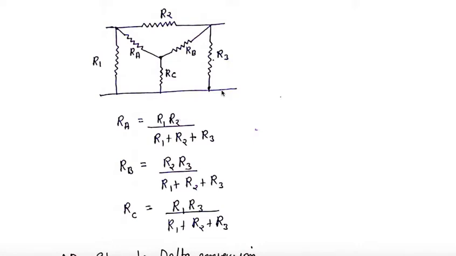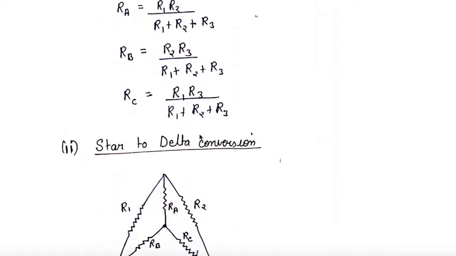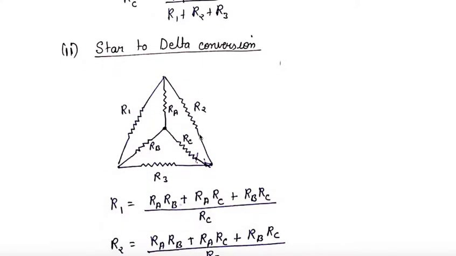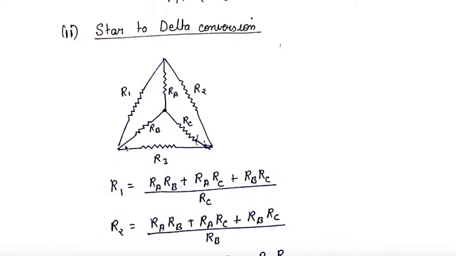Now the derivation of these formulas is not asked that much in the questions, so we will take it up later in the lectures, but for now we will see how questions come on this. In the same way, star to delta conversion: if a star is given and the question will simplify if we convert it into the corresponding delta format, then we will create one triangle here.